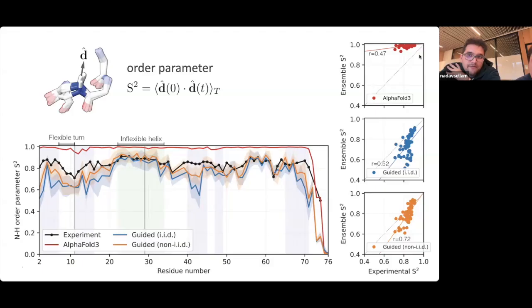For AlphaFold, it's mostly flat, indicating that it always predicts high rigidity. With IID guidance, you get lesser agreement with the experiment compared to non-IID guidance. It's more accurate to model it as an ensemble.